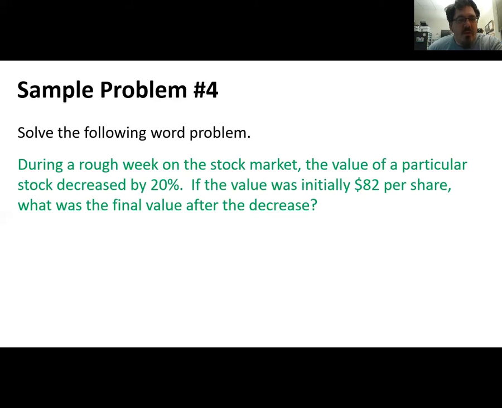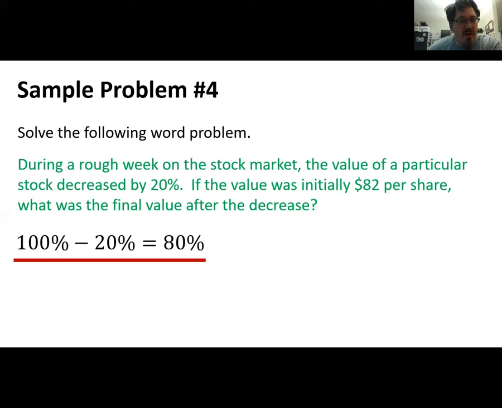All right, finally, let's do a word problem where we are applying this idea of increase and decrease in percent. It says during a rough week on the stock market, the value of a particular stock decreased by 20%. If the initial value was $82 per share, what was the final value after the decrease? Again, this is a decrease in percent.